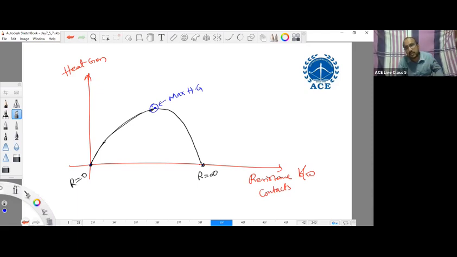But in between there is a possibility of what? Maximum heat generation. So if you can maintain the rate of heat dissipation greater than the rate of heat generation during that period, the arc can be quenched. So how can we maintain that condition?